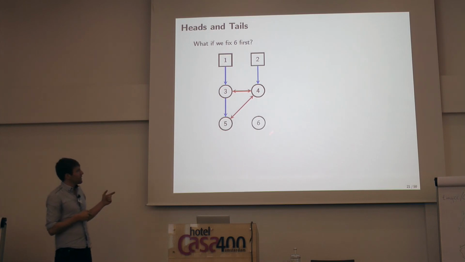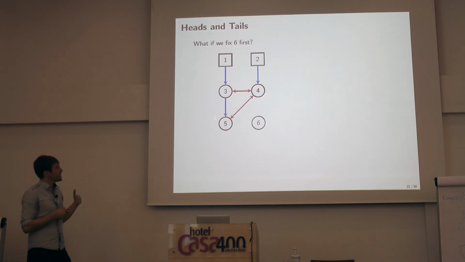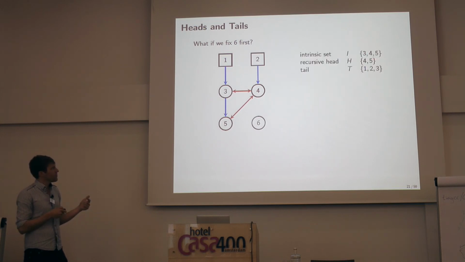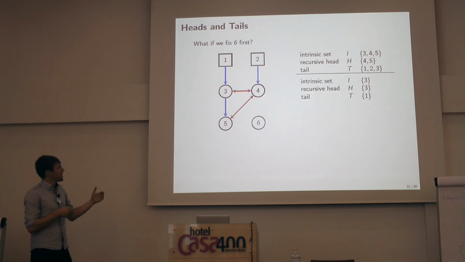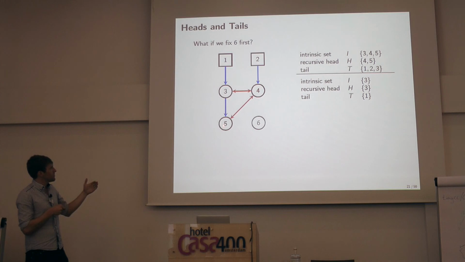So it's not totally trivial if I first have marginalized 6. So here's another graph now over 5 vertices with a single district. Its intrinsic set is 3, 4, 5, and the recursive head is 4, 5. Those are the barren vertices in 3, 4, 5. The tail is everything else. Once I remove 4, 5, I'm left with just the vertex 3. So that must be its own head.